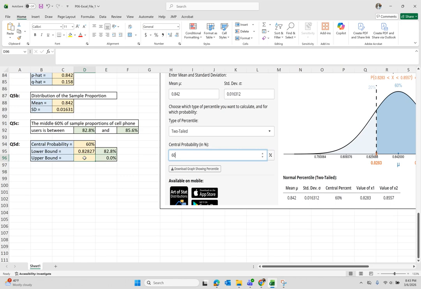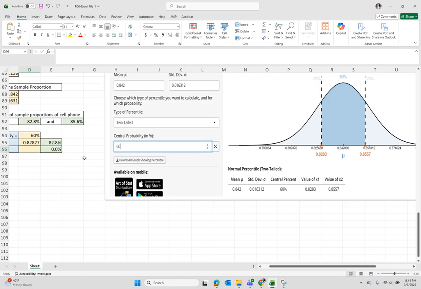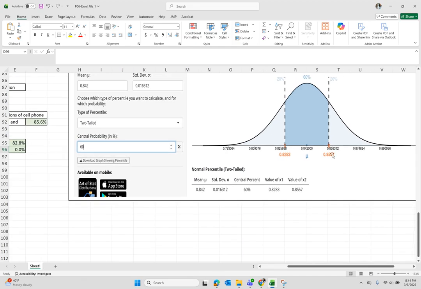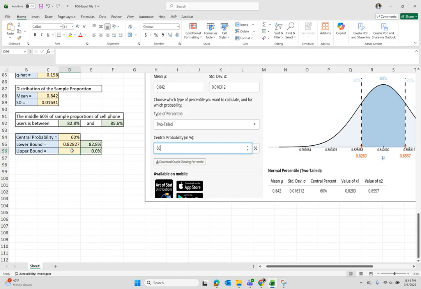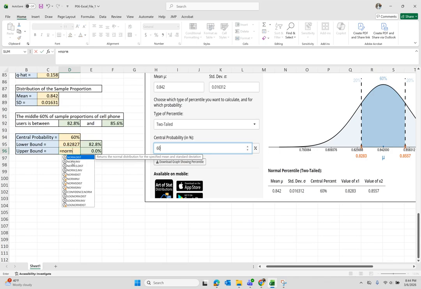So how do we find the upper bound for the interval? Remember that in Excel, the CDF and the inverse work with the probability on the left tail. Now, if your central probability is 60, and the probability on each tail is half of the remaining, then the probability to the left of 0.8557 will be your central probability plus the half of the tail. So when you are using here normal.inverse, this probability needs to be stated algebraically and not explicitly typed.